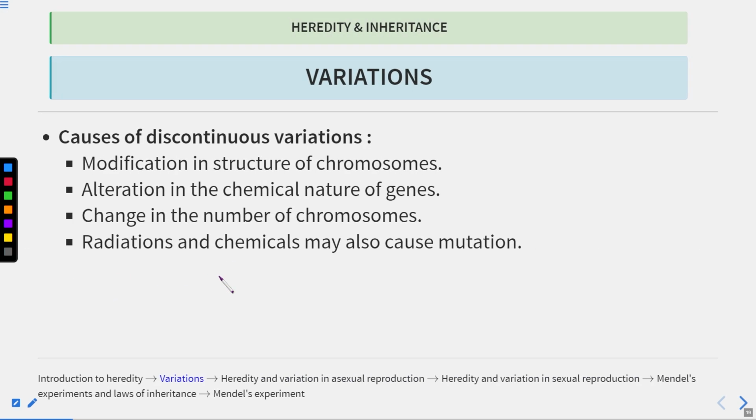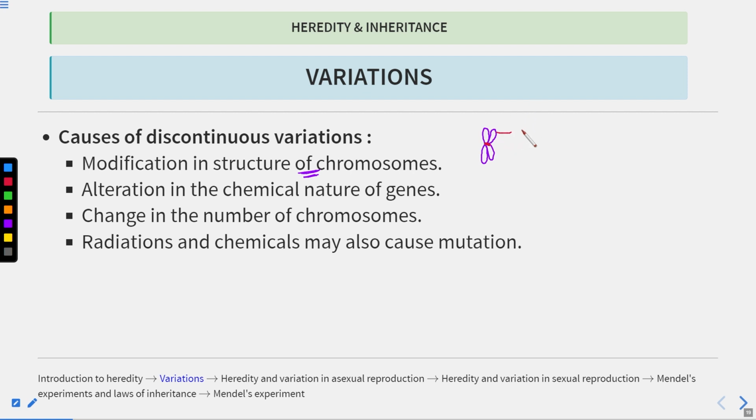Now, what are the causes of discontinuous variations? The modification in the structure of the chromosomes can lead to discontinuous variations. Chromosomes consist of genes or the DNA, and if there is modification in the structure of the chromosomes, so usually the chromosomes have this structure: there are two chromatids, and in the center we have the centromere.